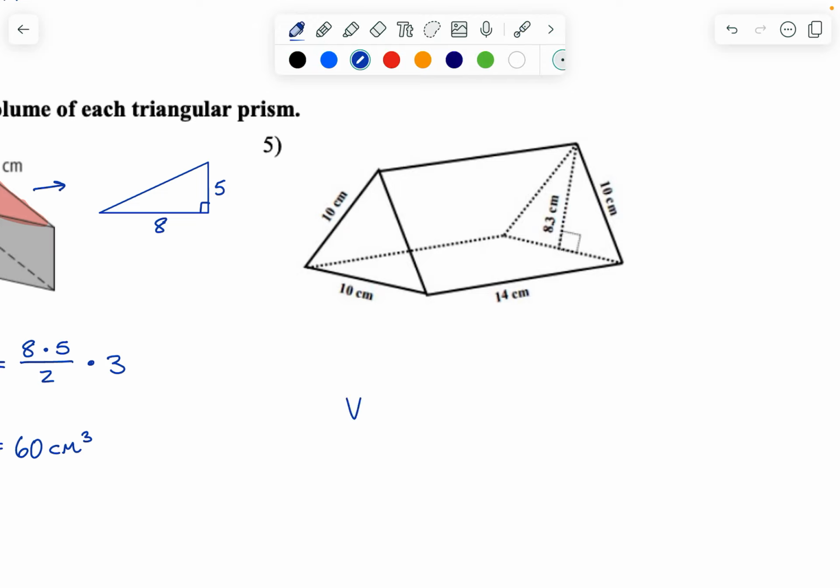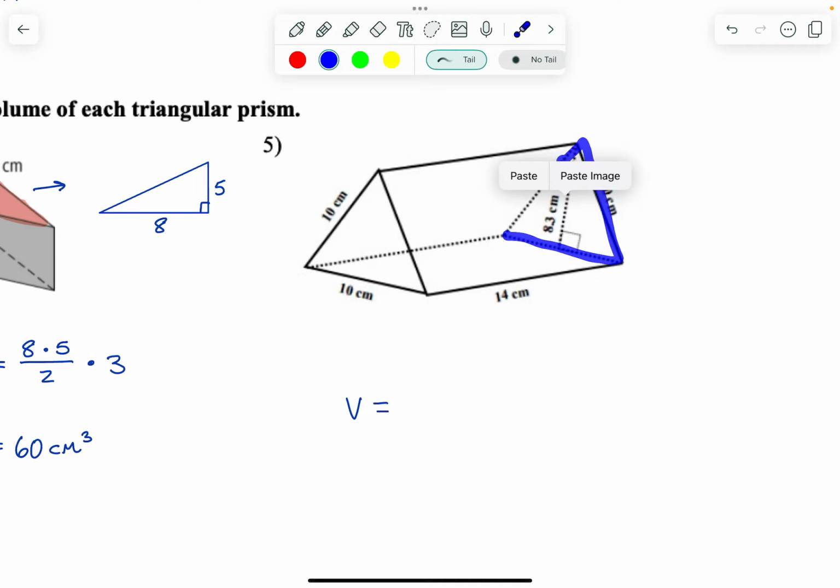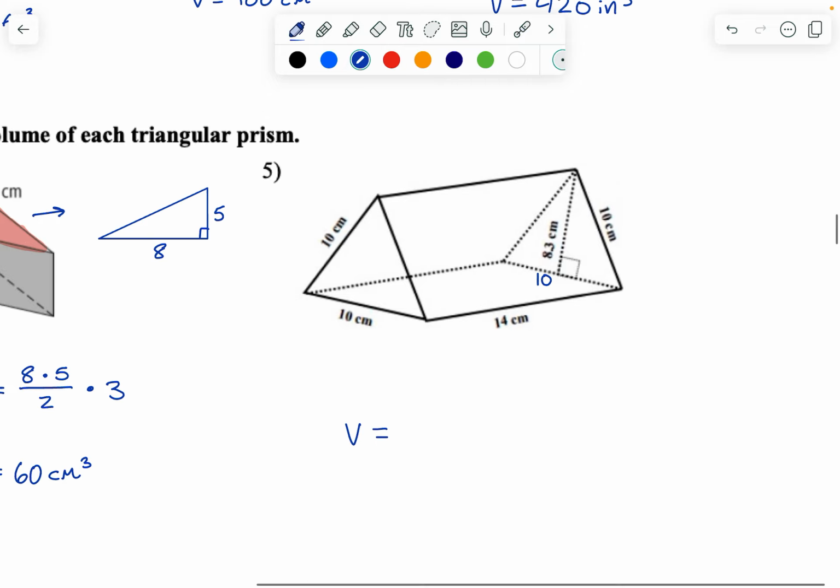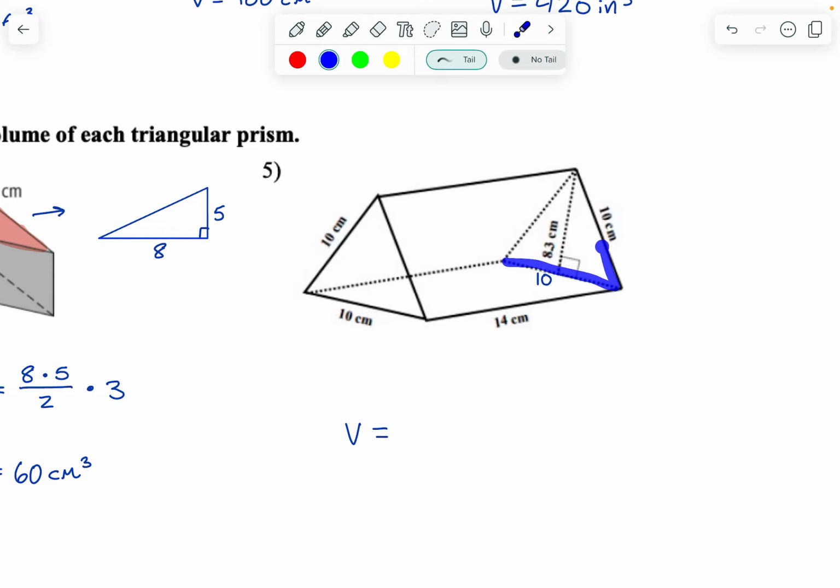Okay, volume is equal to the area of the base times the height. Area of the base. This triangle, we can clearly see it. I know that this base is 10, so if I wanted to draw it out, I could, but I can just see it right here. Base of 10 and a height of 8.3.